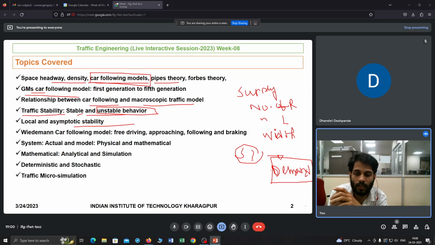That's why in traffic simulation we have something called random seeds. Random seed means it will randomly change your value in a closer range, right? To replicate the field conditions, you can take an average value to represent your actual field conditions, right?